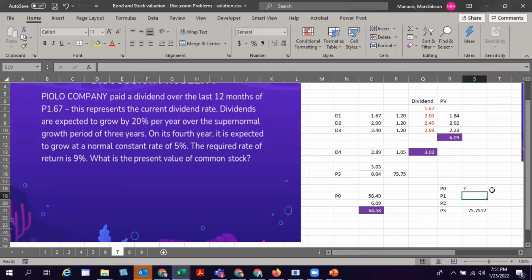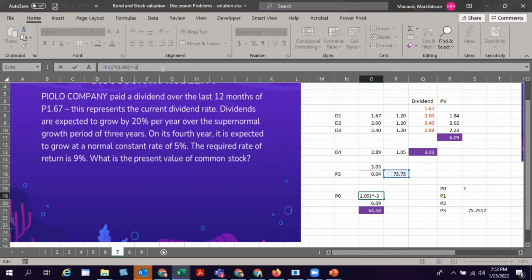Don't get confused, because P sub 1 is the price next year. It doesn't follow that P sub 1 is the price during the first year. P sub 0 is the price now, P sub 1 is the price next year. So we have 75.75, and we are asked for the present value of the common stock, meaning the value today. In that case, we have to compute for the present value: 75.75 multiplied by 1.09 raised to -3.